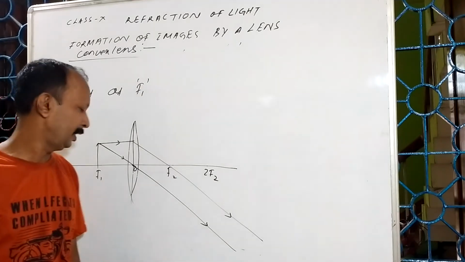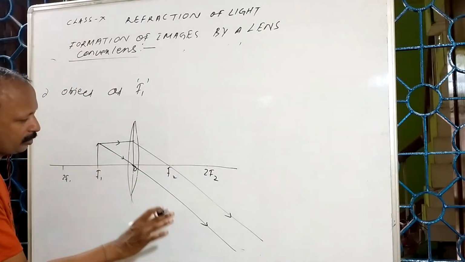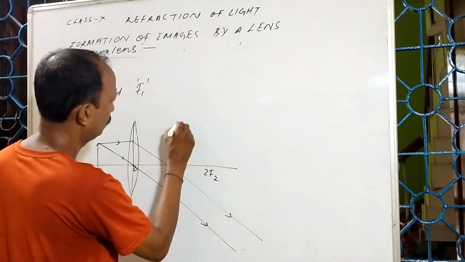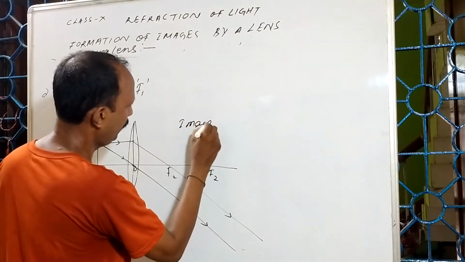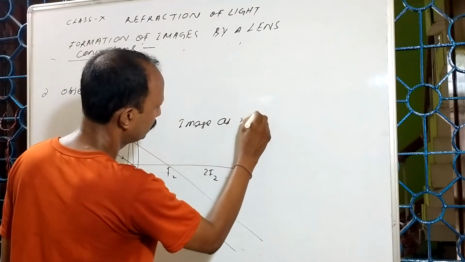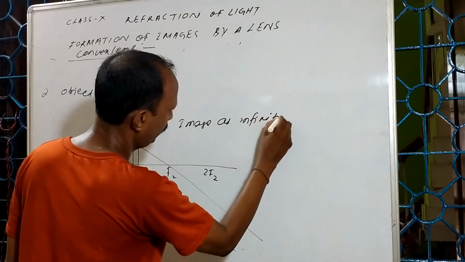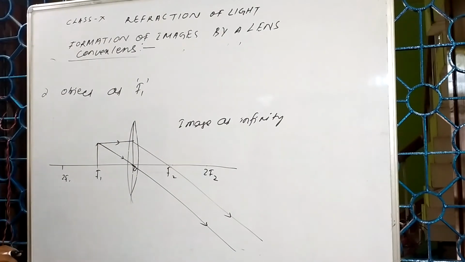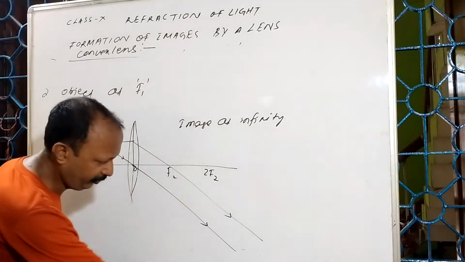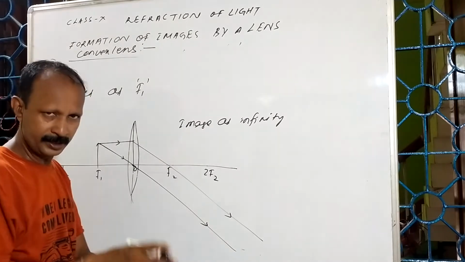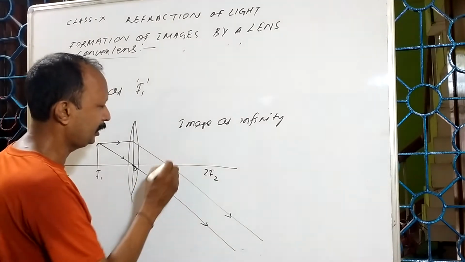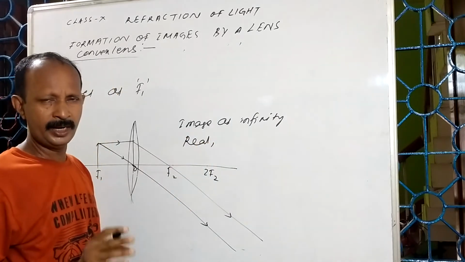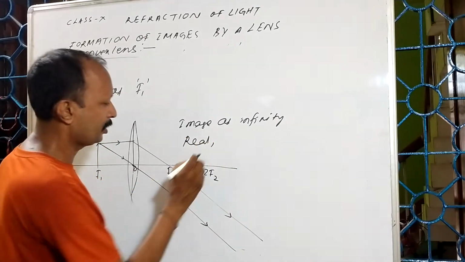That means these two rays won't meet. There will be no image. Since they are not meeting, these are parallel rays. We can consider the image at infinity. If it is at infinity, that means definitely it is real. Every real image is inverted.